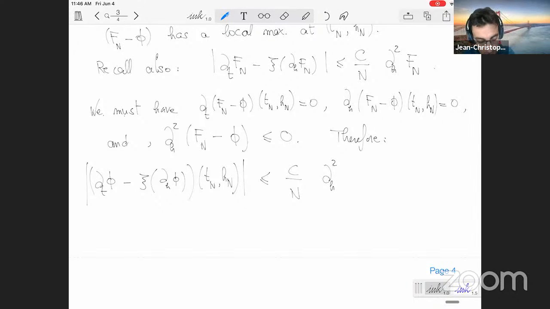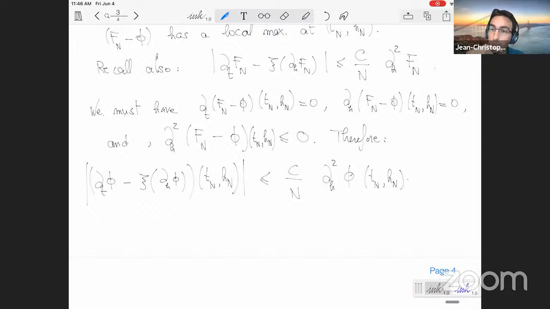But check out that d_h^2 f_n is bounded by d_h^2 phi. I forgot to write (t_n, h_n) in this inequality, let me add it. So here I'm going to write phi instead, by using this inequality. And now I send n to infinity, and the proof is over.